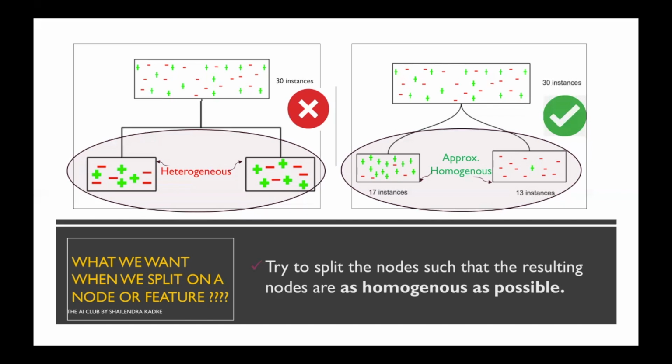And if the data comes to the right box, it means mostly our prediction will go towards the plus class. So it becomes easier for us to predict the class if we segregate the data such that most of the classes of one type are in one box and most of the classes of another type are in another box.